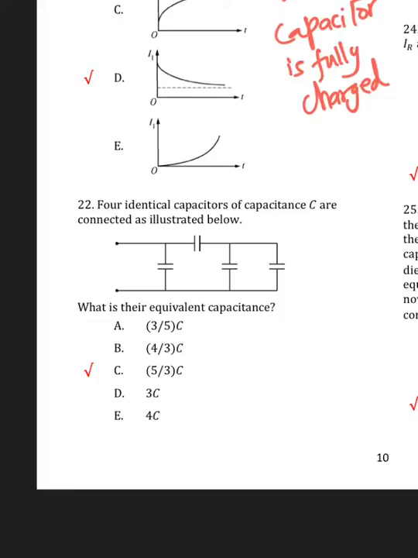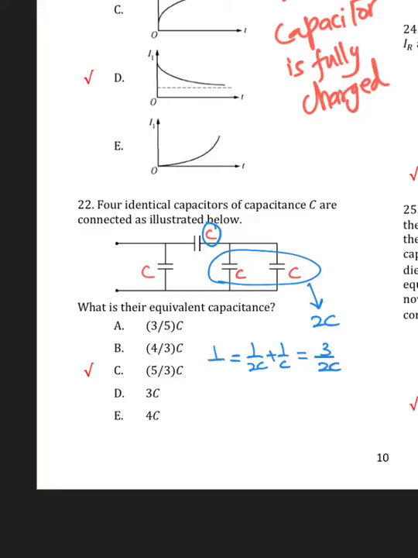Now this is quite simple because we know the formula. We are going to combine these two. These two are in parallel, so it will become 2C, and then 2C and this C, this C, they are in series, so 1 over 2C plus 1 over C, that will give you how much? 3 over 2C for 1 over C series.